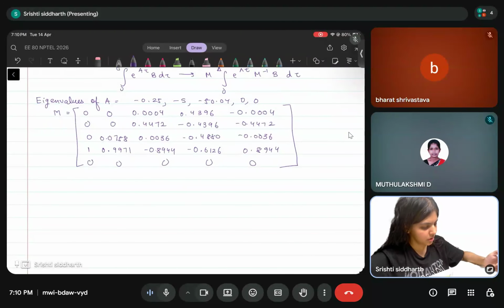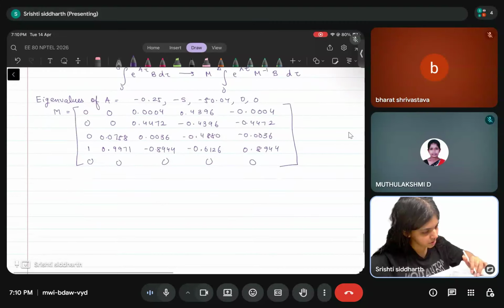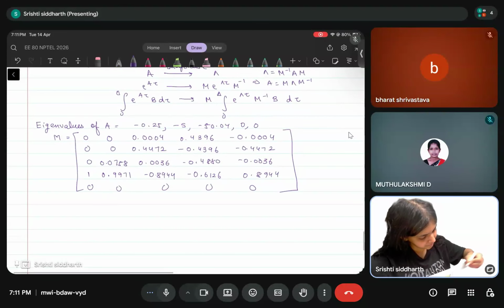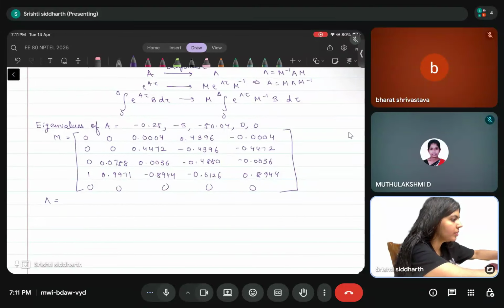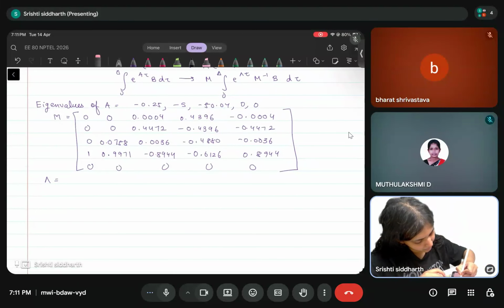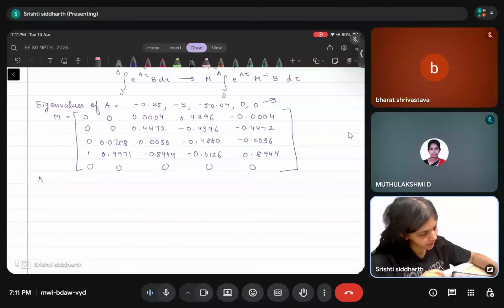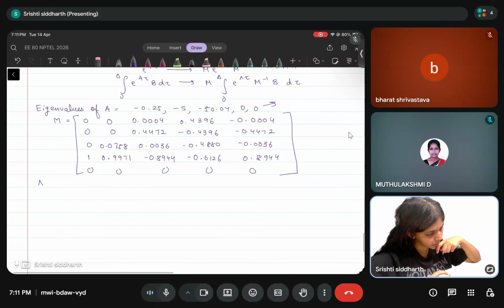We can find out an inverse. And the diagonal matrix is these eigenvalues. We can find out capital e to the power capital lambda.